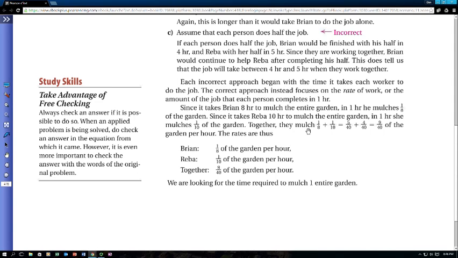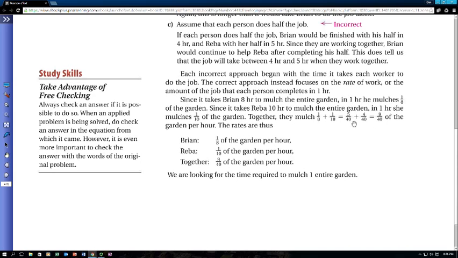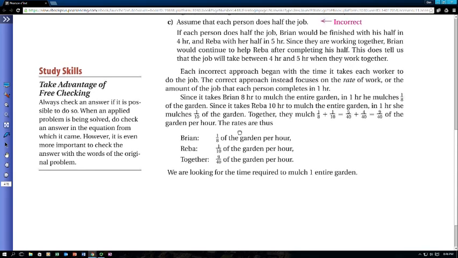If they mulch together for 1 hour, they would have 1/8 of the job done by Brian and 1/10 of the job done by Reba. If we add those two together, we end up with 9/40ths of the garden per hour.